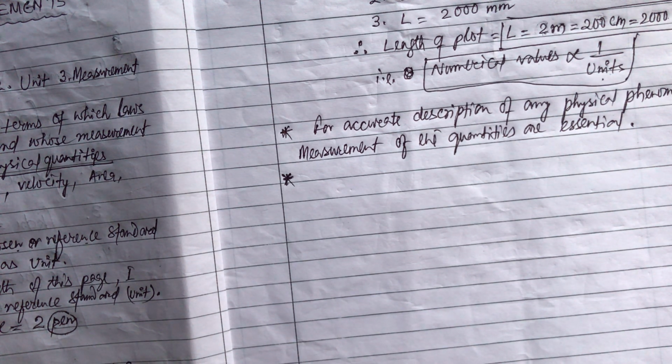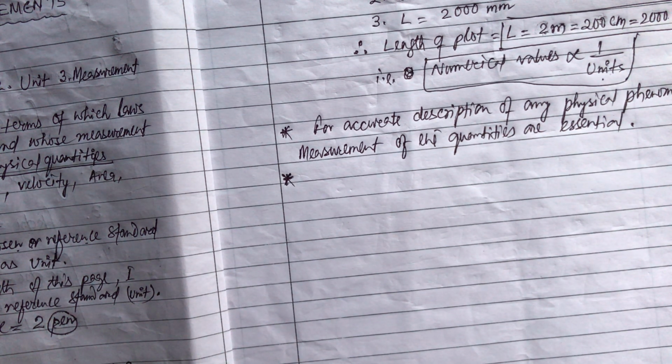Number one, the standard unit must have suitable size. Number two, we can tell, accurately defined. That standard unit must be accurately defined.